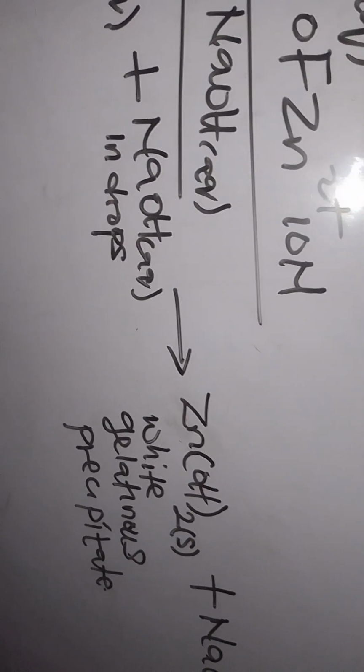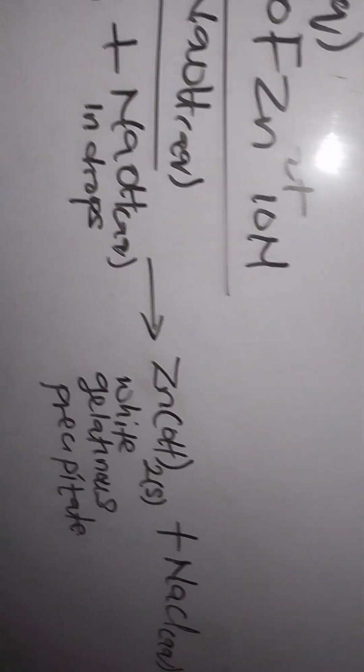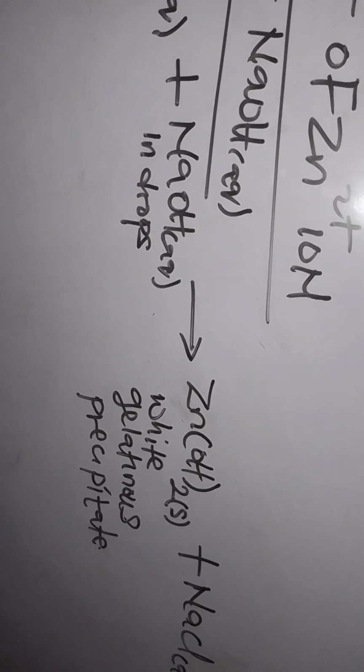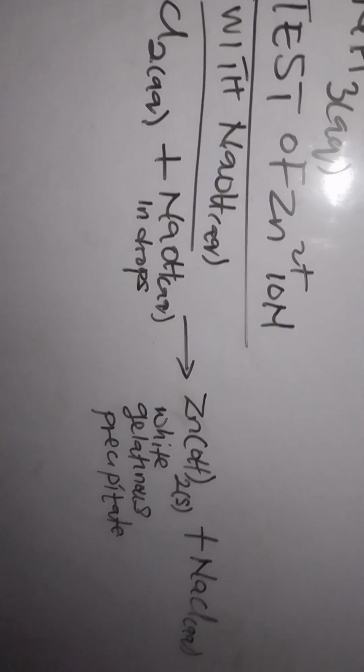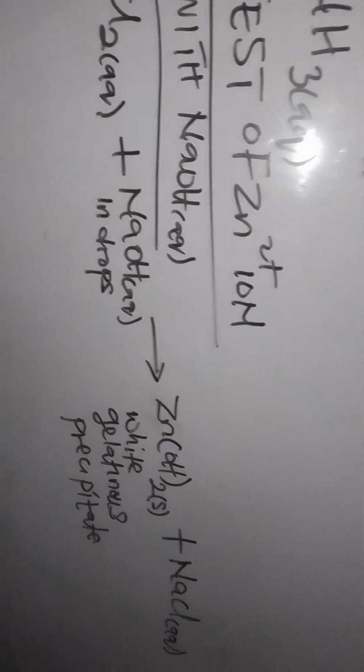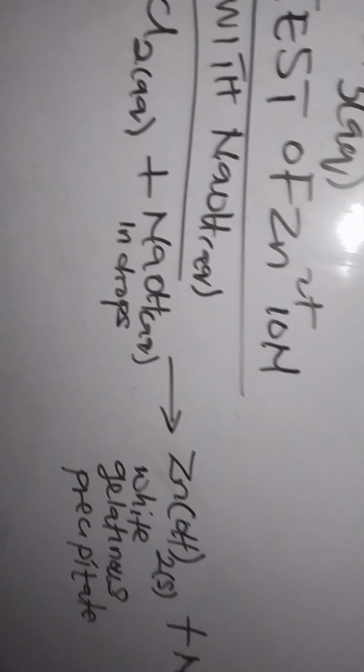Precipitate means particles that cannot dissolve in water. So gelatinous means it will be drawing like muco drawing. So now another ion that can form white gelatinous precipitate is aluminium hydroxide. So now that is in drops.